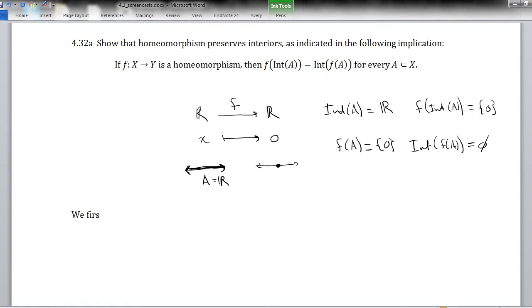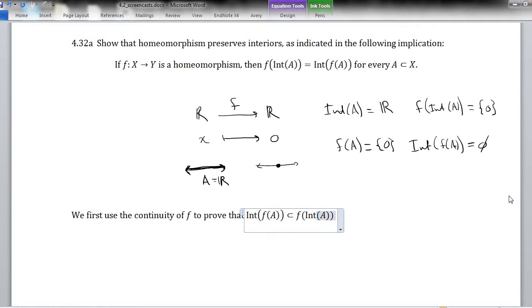Let's first use continuity of f to prove that the interior of f of A is always a subset of f of the interior of A. The fact that f is continuous means the preimage of an open set is open.